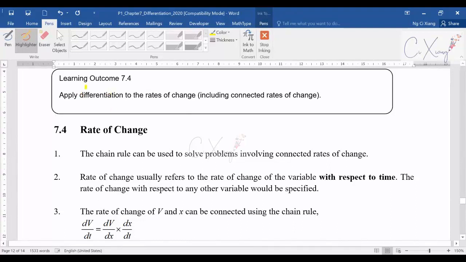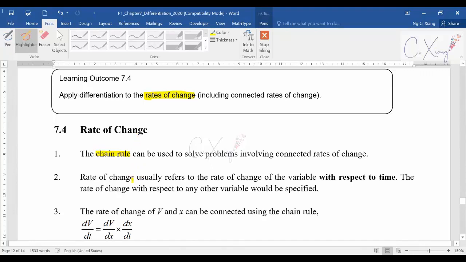The application for differentiation is to apply on the rate of change. So for the rate of change, generally you need to use chain rule, usually, when you want to solve the problems related to the rate of change.